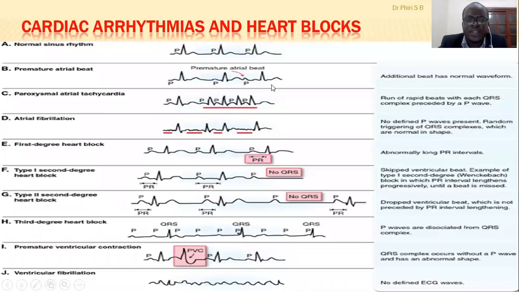Okay, then this diagram is just summarizing other cardiac arrhythmias that we haven't discussed here. For instance, sometimes you can have a normal sinus rhythm. Let me just use a pencil here as well. Here you can see down here that you have normal cardiac rhythm.